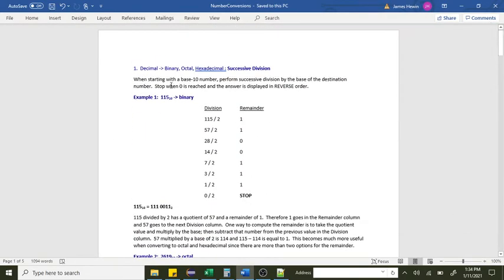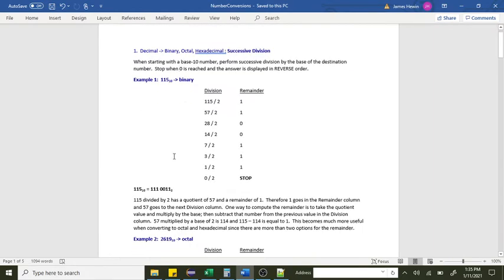Let's start at number 1, with a decimal number. We pick any decimal number, and we can convert to, say, binary, octal, or hexadecimal. I've given you 12 examples here of how to do these conversions.